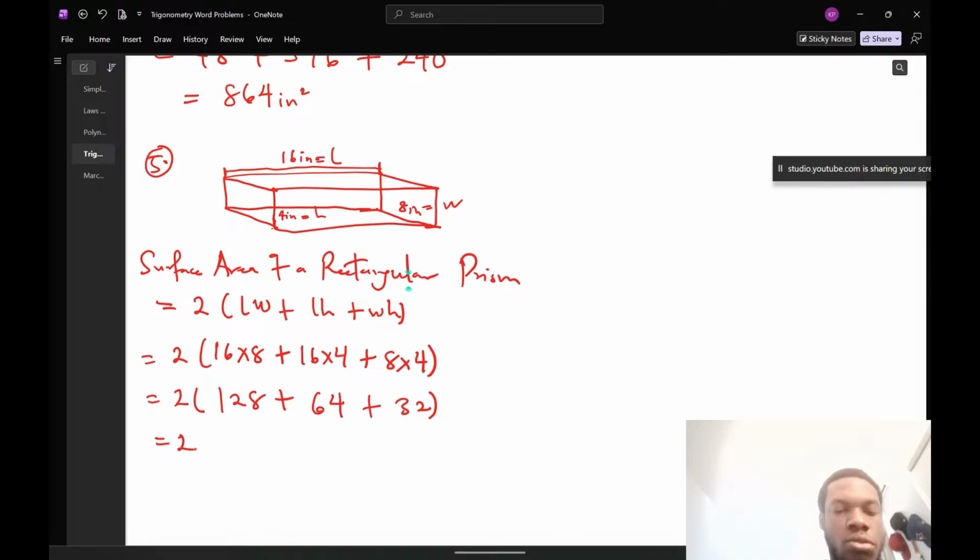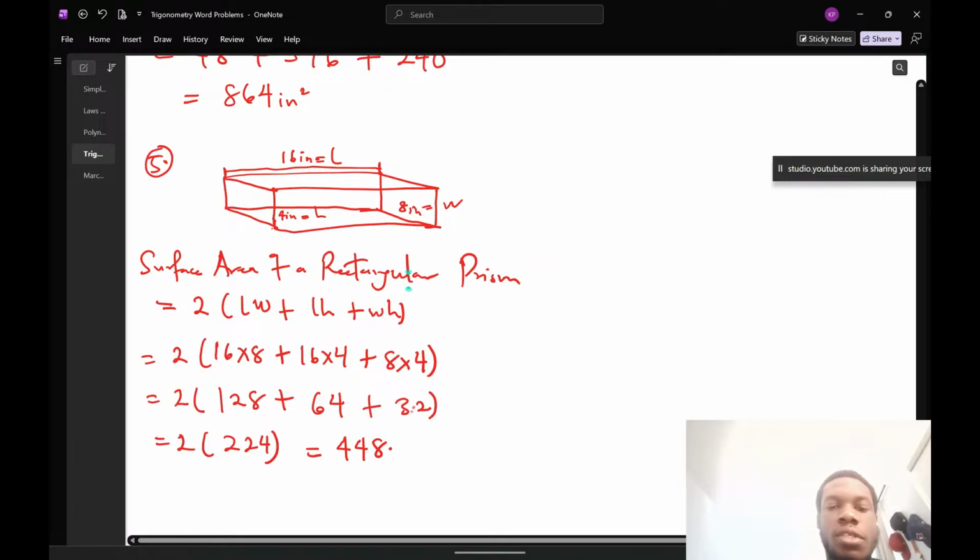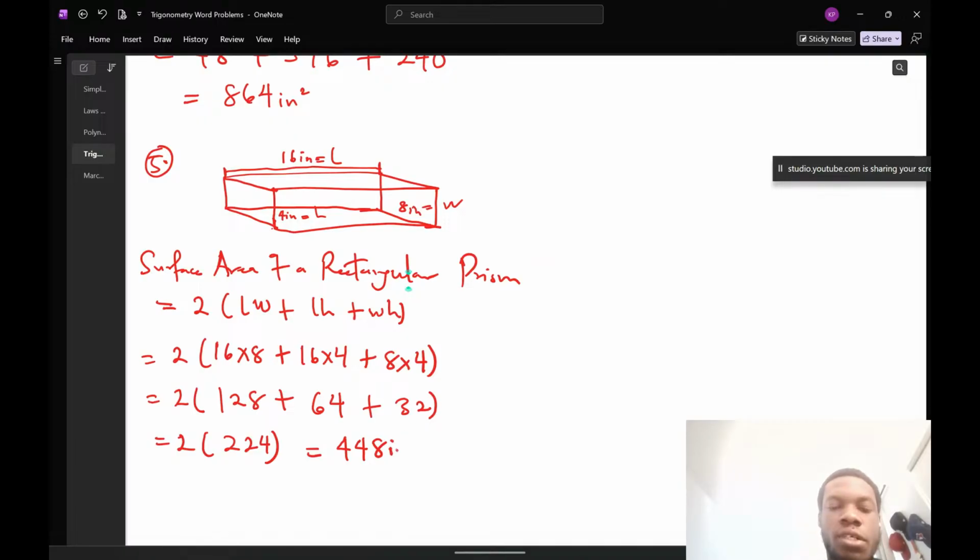So it equals 2 times, 128 plus 64 plus 32, which is 224. 224 times 2 equals 448. So this is the surface area, 448 inches squared.